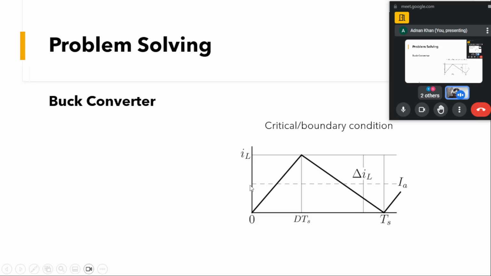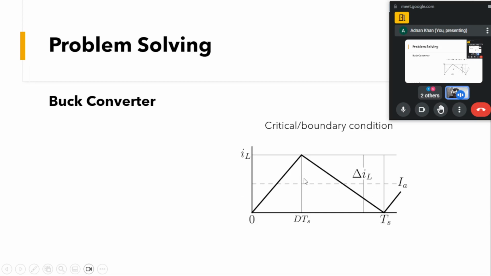This is a triangular current, and the average of this triangle is around half of the peak.